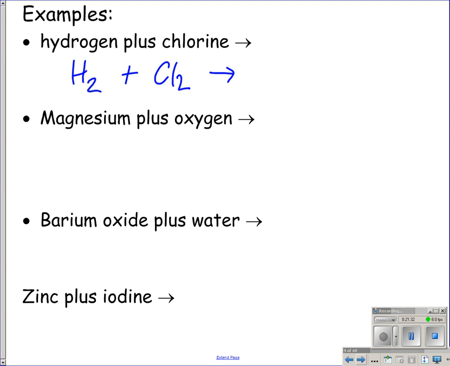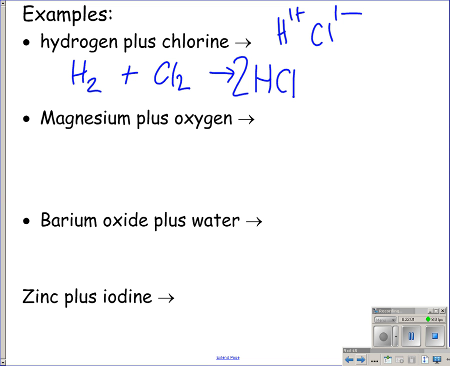What do they yield when you put them together? HCl. Where did the H come from? It had a 1 plus. Cl had a 1 minus, because it's in the 7th group. It's 1 away from noble gases. So that's how I got these subscripts. Well, how do I balance it? The 2 coefficients, because I have 2 of each of these. I need a 2 up here now.